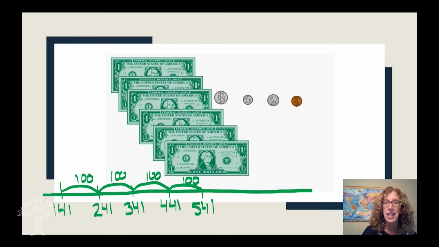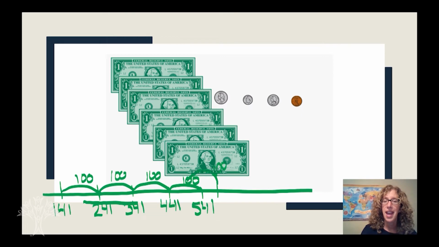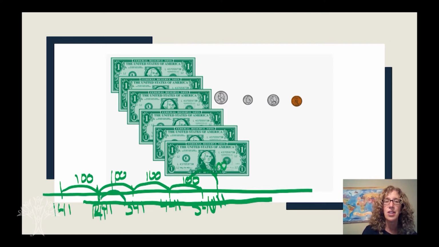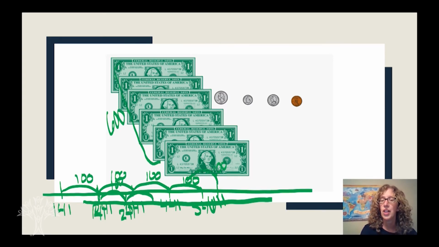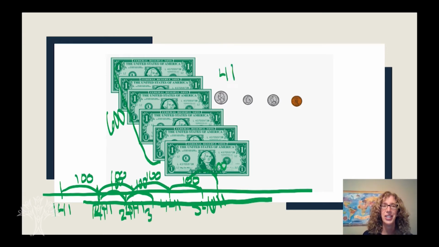Our collection keeps growing by 100. We just got another $100 bill. And so I marked my jump of 100 and I land on 641. You can see 600 in your collection of dollars, and our 41 cents hasn't changed.